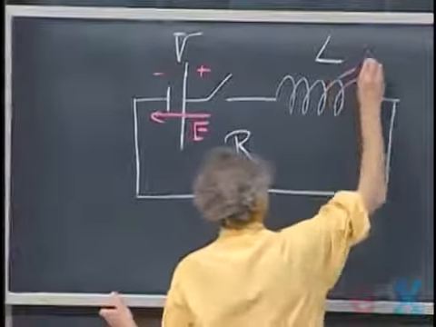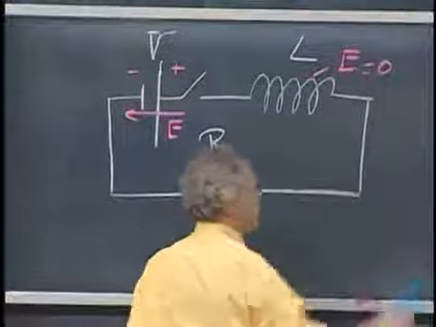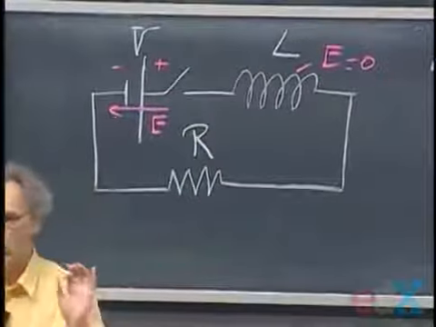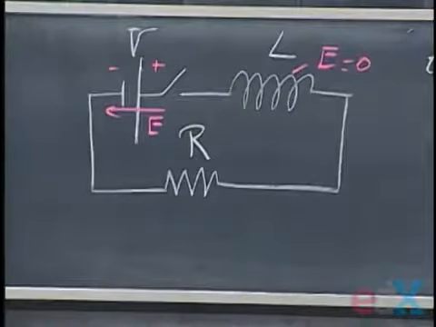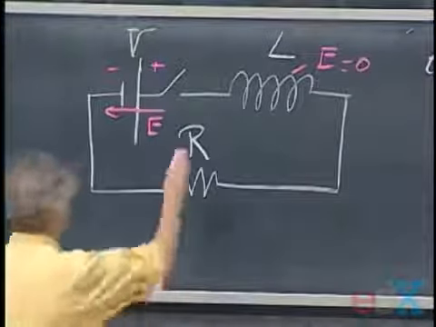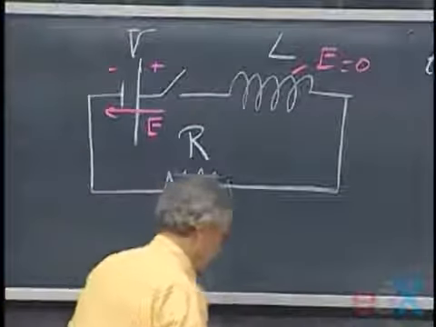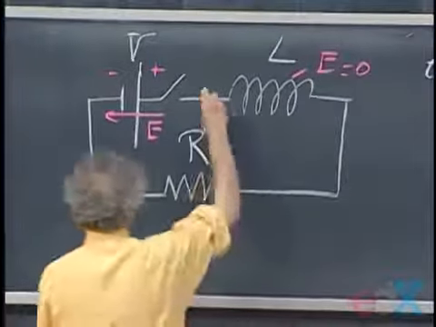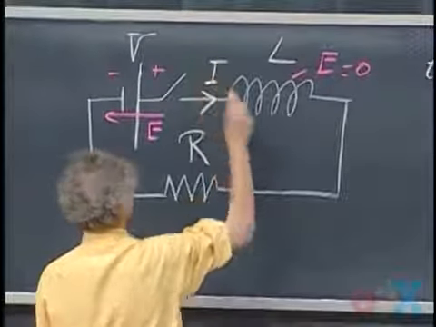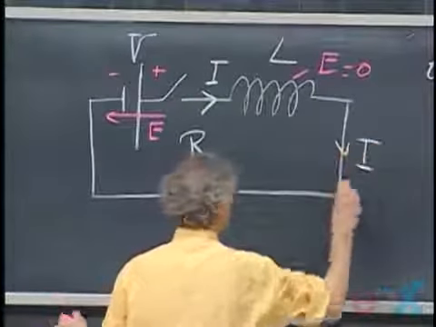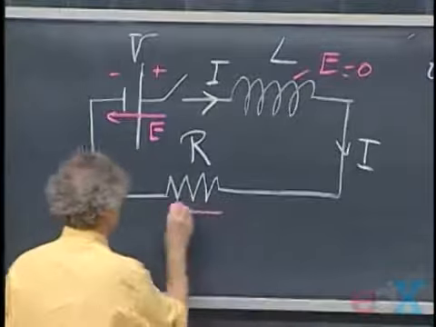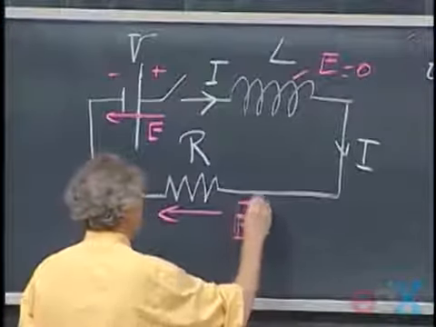The electric field in the self-inductance is 0 because the self-inductance has no resistance, it's superconducting material. And the electric field in the resistor, if the current is in this direction, which it will be, will be in this direction.